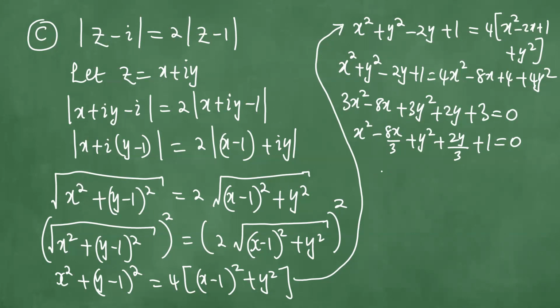You complete the square without wasting time, so that's going to be x minus 4 out of 3 squared, plus y plus 1/3 squared, which is 8 out of 9.